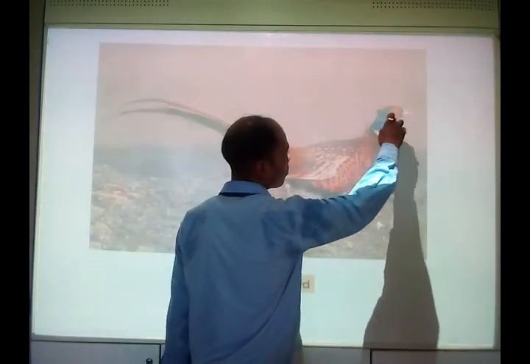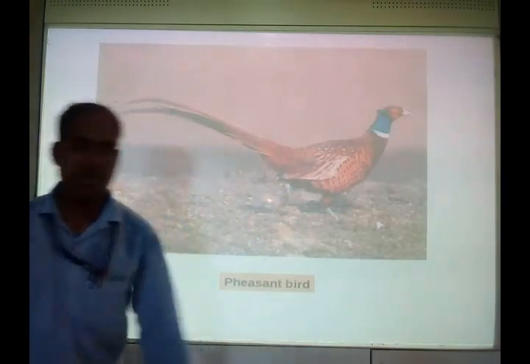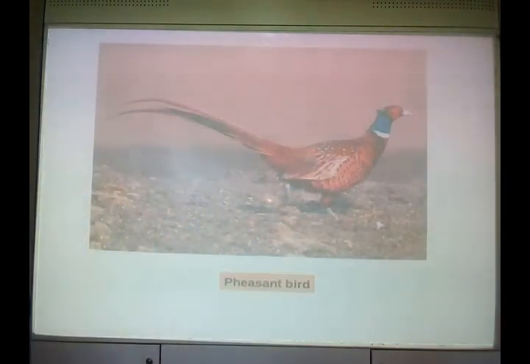The neck of the bird is generally blue, reddish, bluish, grayish. Different colors on their head and neck make it different from other birds.